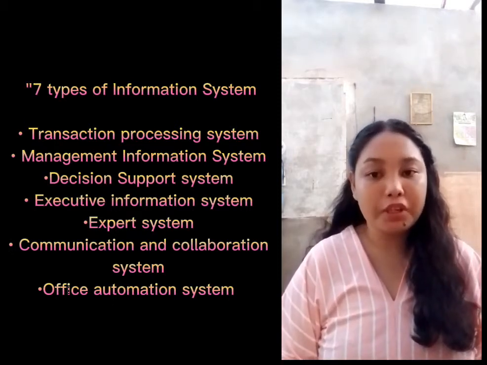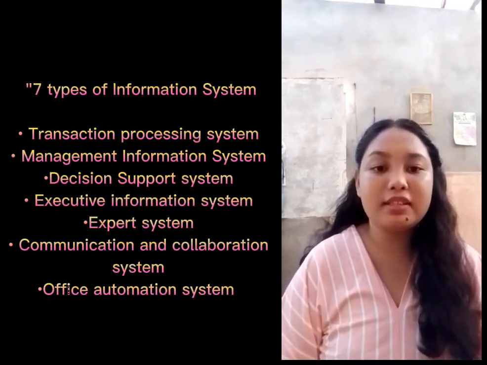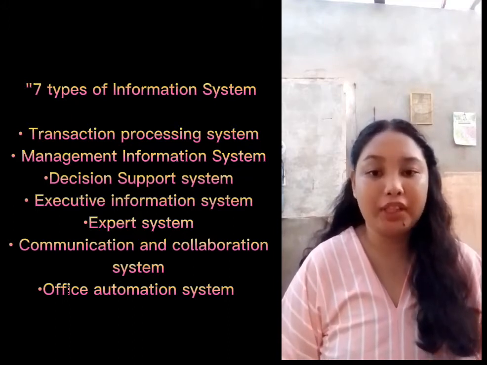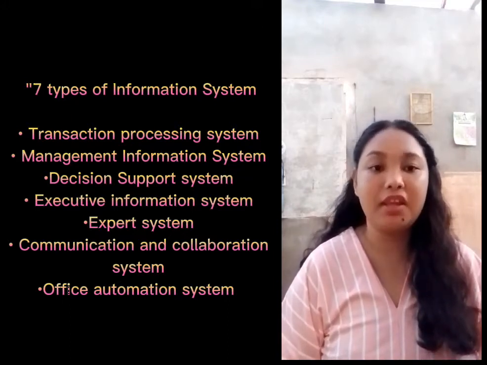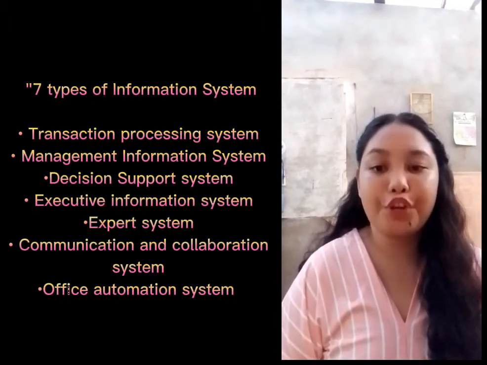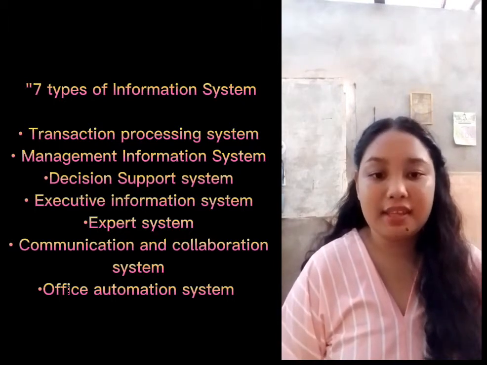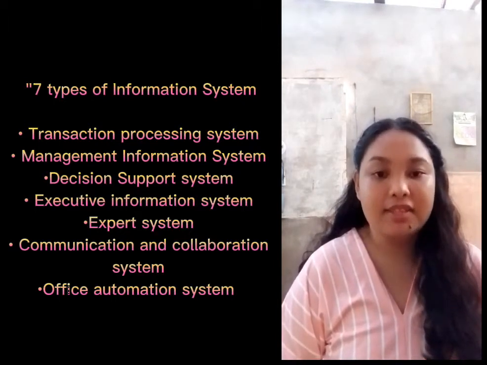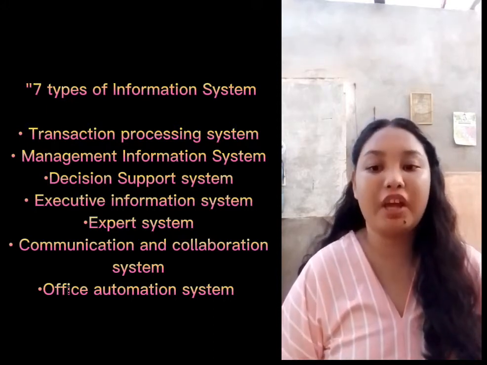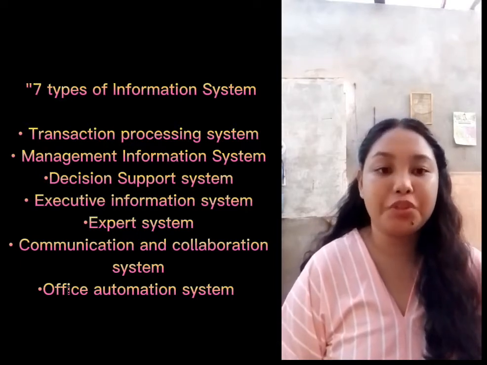Second is the Management Information System, or MIS, a system that processes management-oriented reporting based on transaction processing and operation of the organization. The third one is the Decision Support System, or DSS. DSS is an information system that either helps to identify decision-making opportunities or provides information to help decision making.